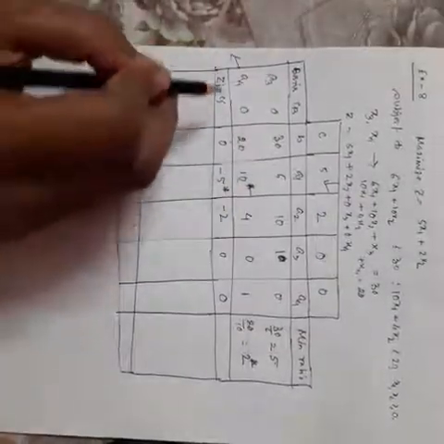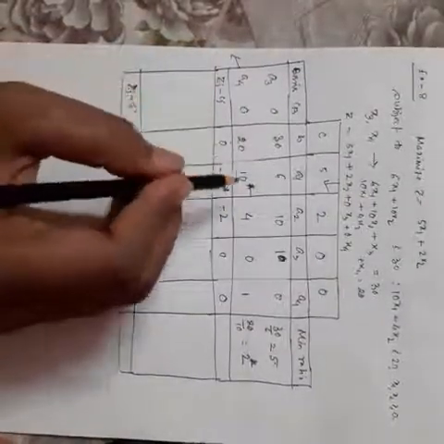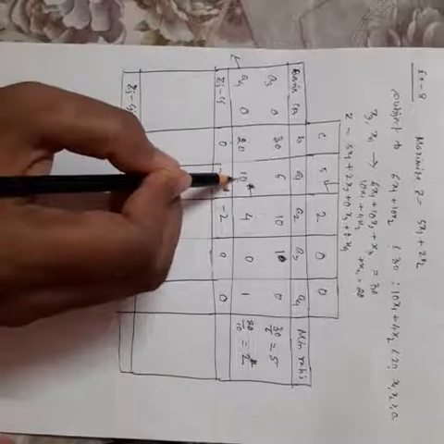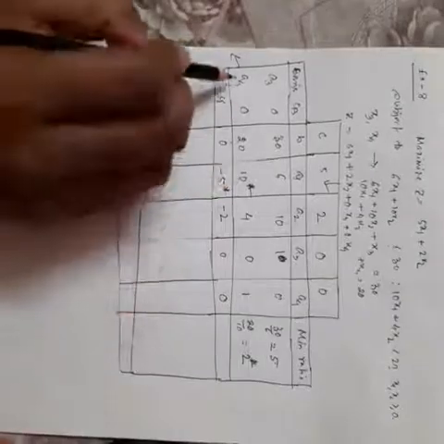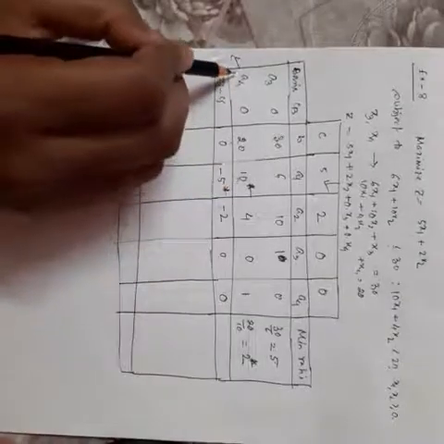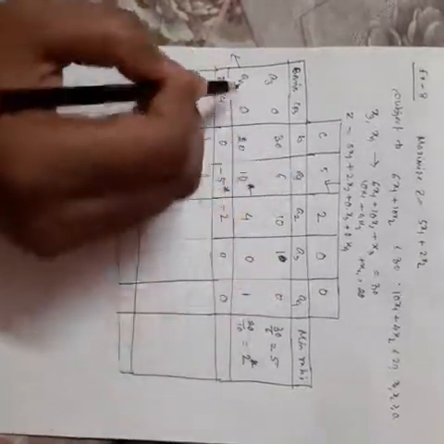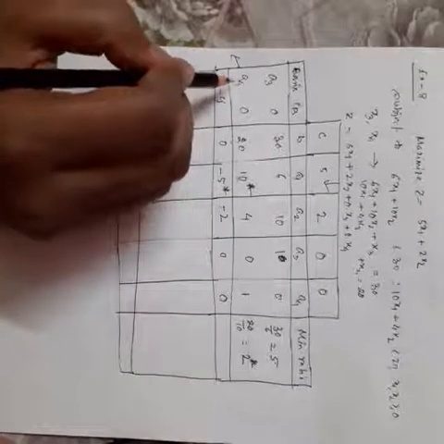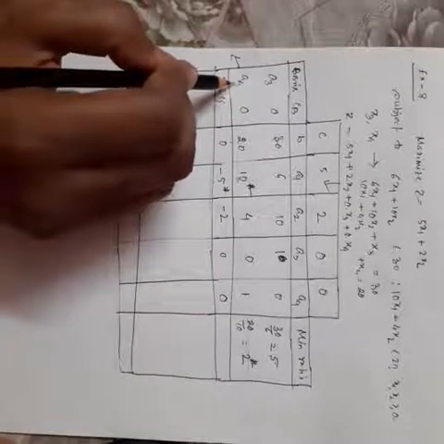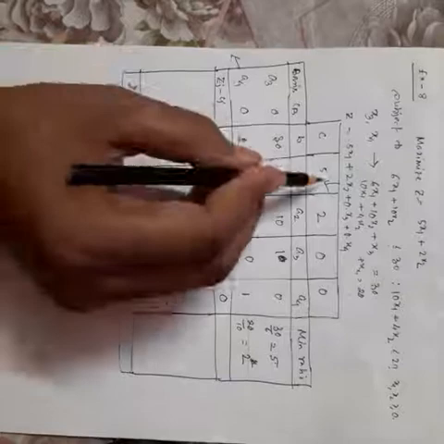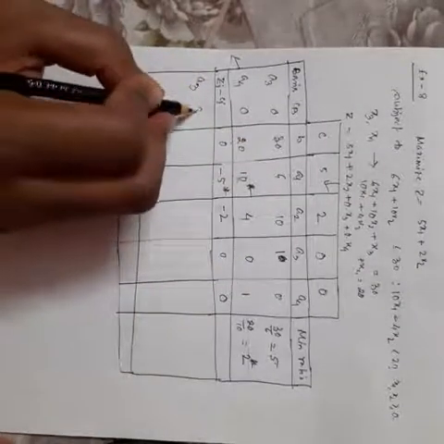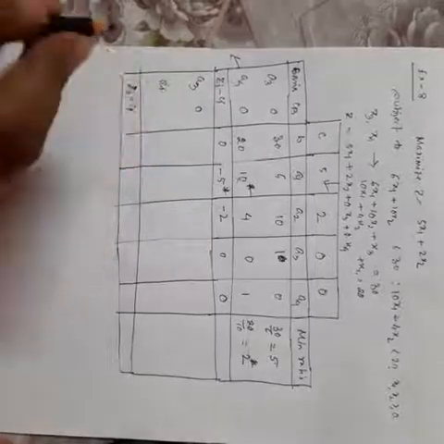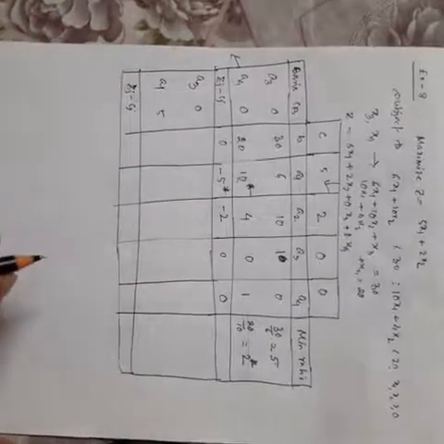Mind it, the key element is in the A1 column and A4 row. That's why A4 goes out and A1 comes in. In other words, A4 is replaced by A1 with its coefficient, and A3 is written as usual. So A3 is 0 and here A1 is 5.